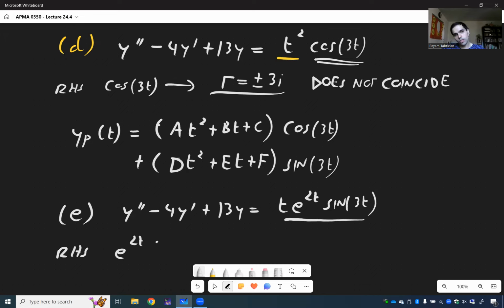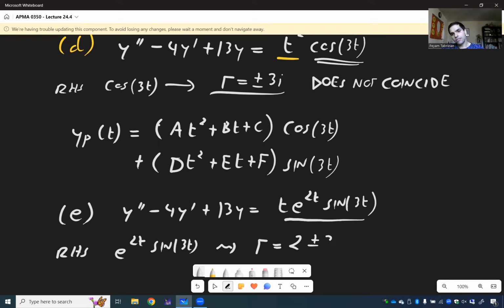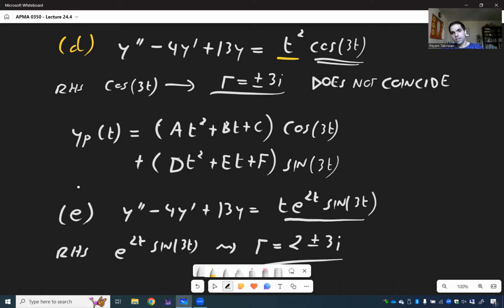So e to the 2t sine of 3t corresponds to r is 2 plus minus 3i. Now it coincides. So remember, because it coincides, we have resonance, so we have to add an extra t.